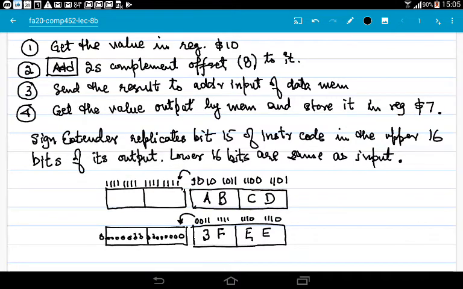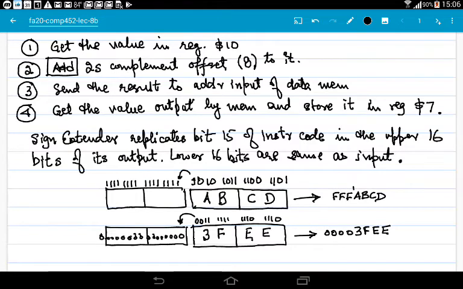So this first number will become FFFF ABCD, and this number will become 0000 3FEE.